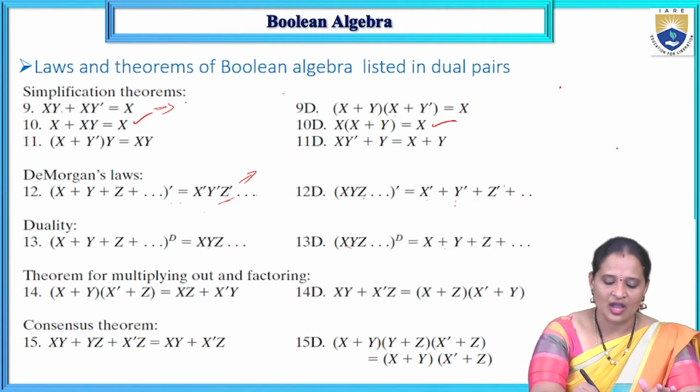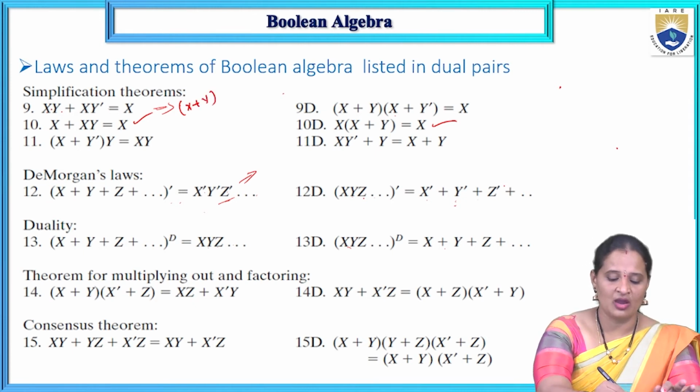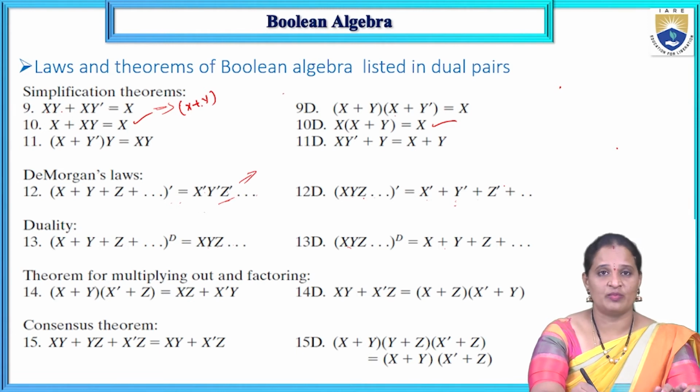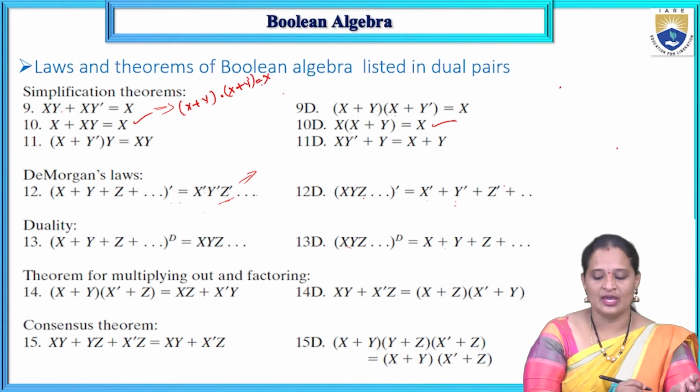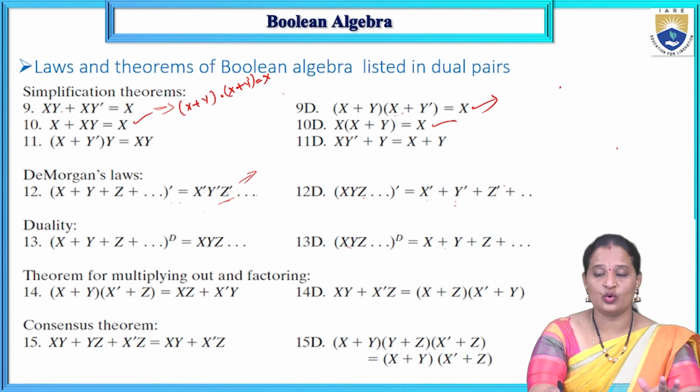So here I'm finding the dual of this one. So x plus y, because we have dot operator here. Now the dot operator will be changed to plus, and this plus operator will be changed to dot, into x plus y complement is equal to x. So this is a dual. Okay, x plus y into x plus y complement is equal to x.